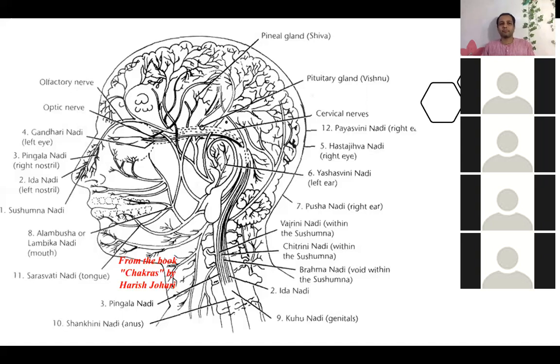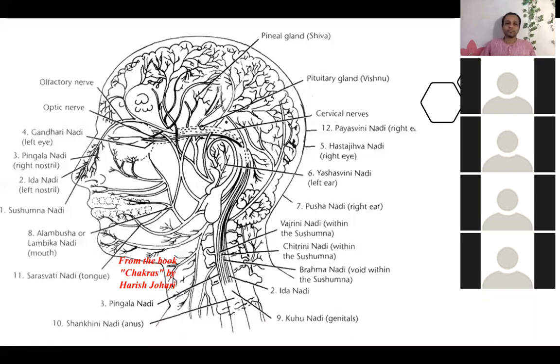And the important nadis connect here. So that is why keeping your brain strong, practicing celibacy, eating proper food, not becoming too angry matters, because any brain damage also damages the nadis. So these are some important points about our inner universe.